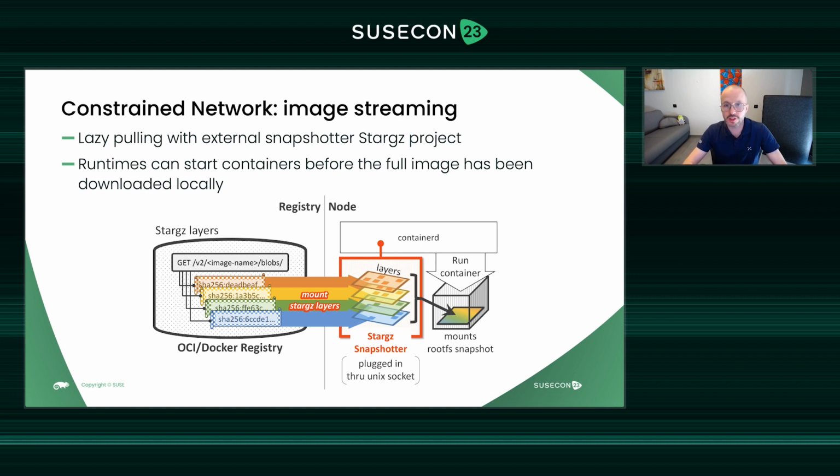The Stargz project defines a specific image layout with more information about the content of the image. The runtime uses this information to select the content of the image, download the initial part needed to boot, and after that, all the additional content will be streamed on the fly based on need.